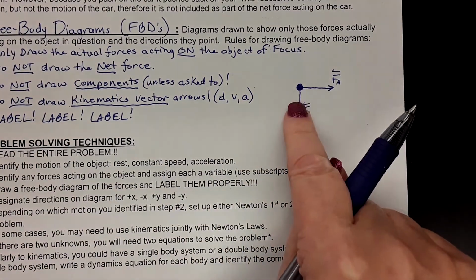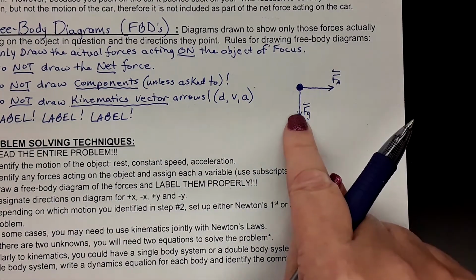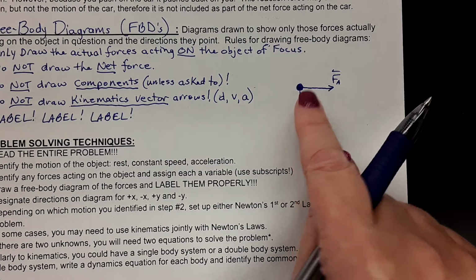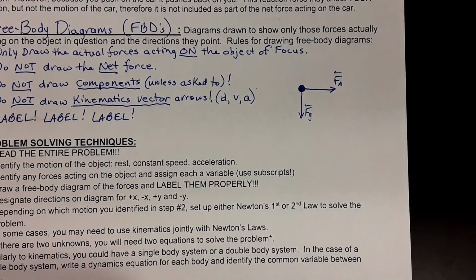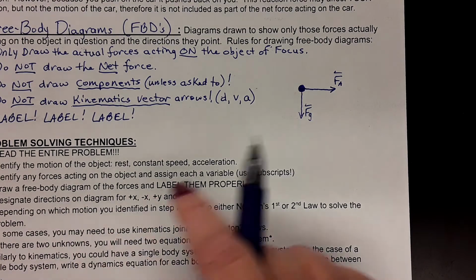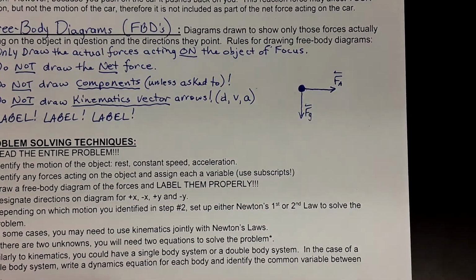So the arrows must be drawn coming from the object in their appropriate directions, and the arrow must touch the dot. That's been an interesting development in the last few years, that they've asked that teachers make sure that students are connecting the arrow to the dot representing the object.